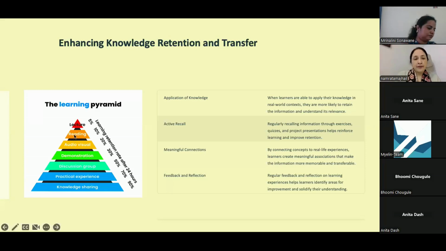If I am just reading and talking to you, not even able to connect with you, then maybe 10%. With audio visual, this visual will stay in your mind, and you will say, okay, we are not going to have a lecture method only, we'll try to demonstrate or have discussions or some practical experiences. Then you see the learning retention goes from 5% to almost 90% when you are sharing knowledge.